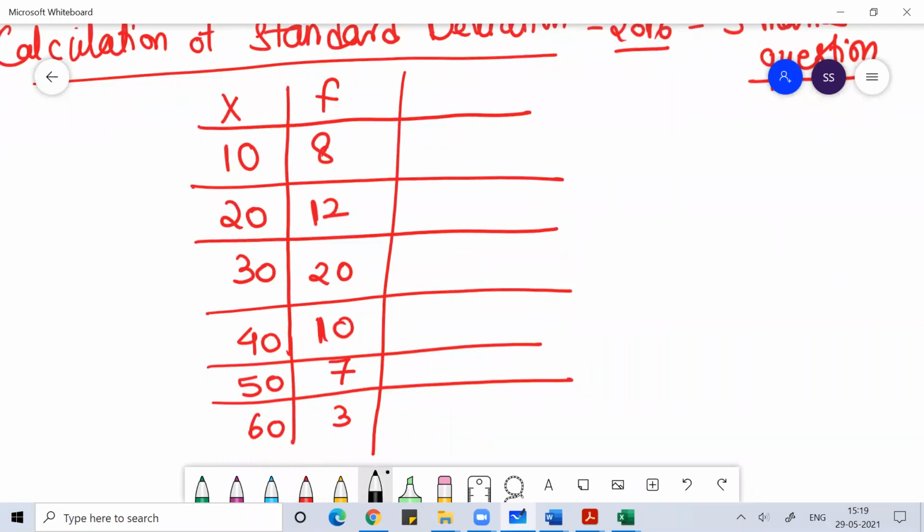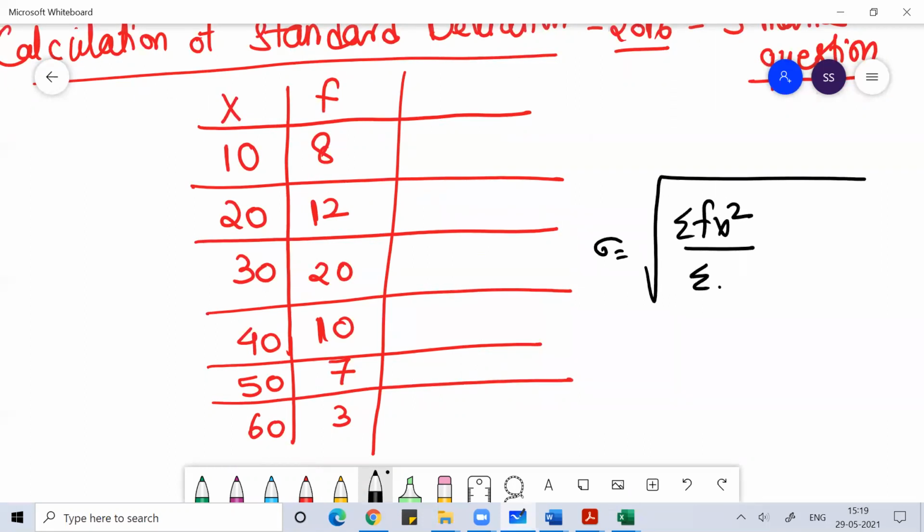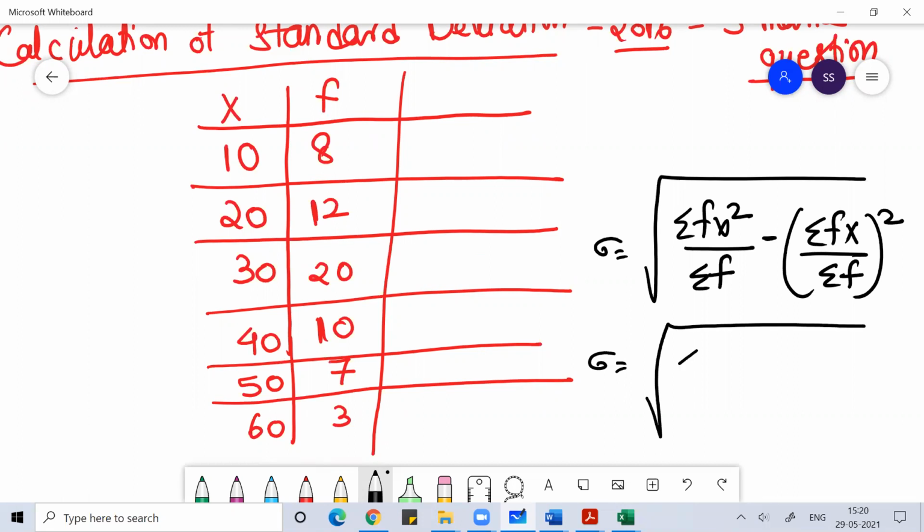So before we find the standard deviation, you can use any formula. You can use the square root of sum of fx square by sum of f, minus sum of fx by sum of f whole square. Or you can use the square root of summation of f into x minus x bar whole square by summation of f.